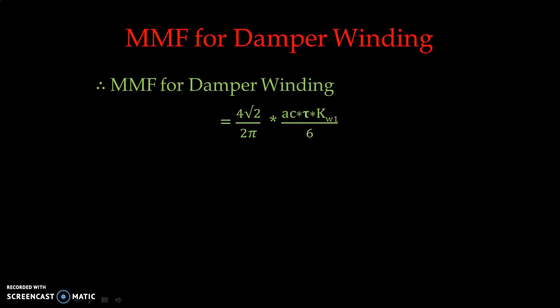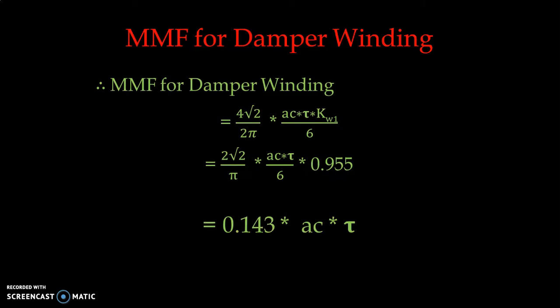If we simplify further, then our equation becomes 2 multiplied by root 2 divided by pi multiplied by AC, tau, divided by 6, and multiplied by the value of KW1, that is our winding factor, 0.955. Ultimately if we simplify further, it becomes 0.143 multiplied by AC, that is our ampere conductor, and multiplied by tau. Tau is the pole pitch. So the magnetomotive force for the damper winding we have calculated.